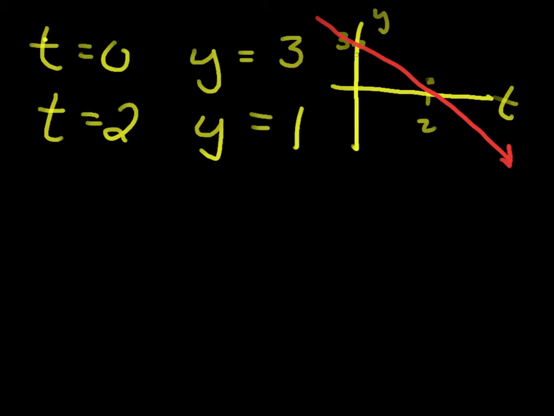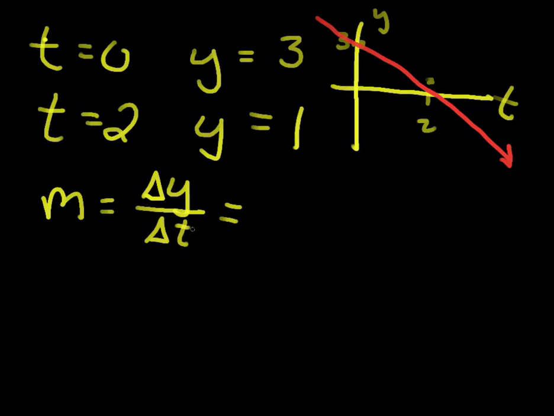So when t is 0, y is 3. When t is 2, y is 1. So what's the equation of the line? Well, just like before, we need to know the slope. Our slope, in this case, is the change in y over the change in time.